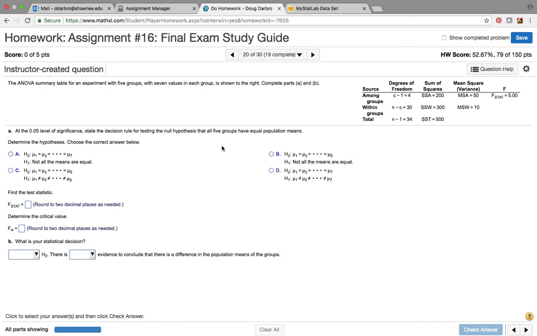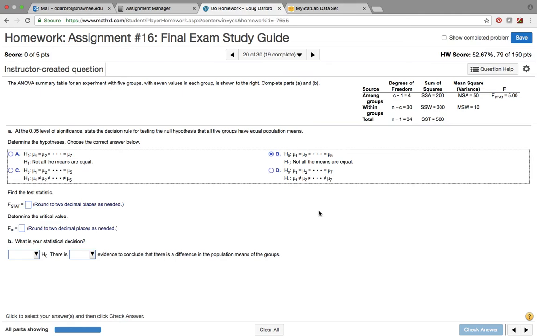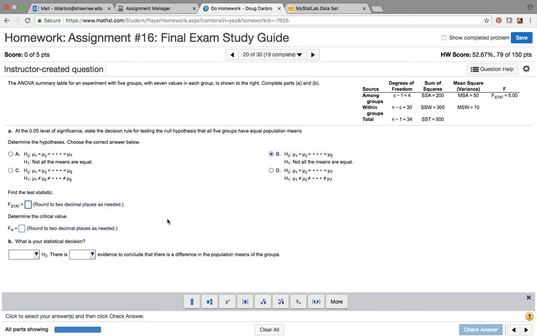So the F-stat again is 5. We have 5 groups, so we need mu1 through mu5. That would be our null hypothesis. The F-stat is 5.00. We get that from our table.